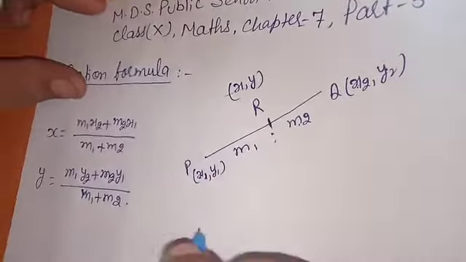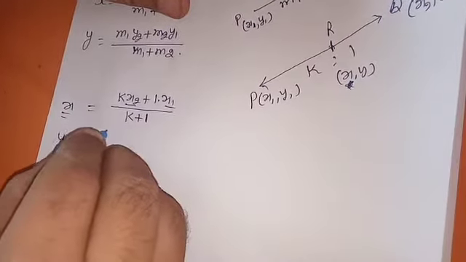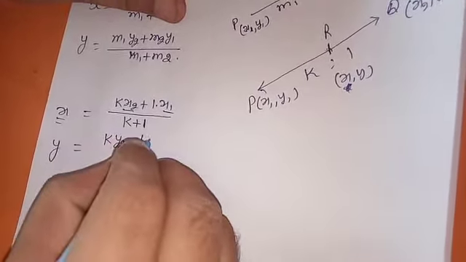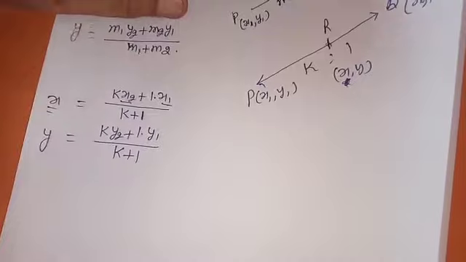Let x and y be the coordinates. x is equal to (k x2 + 1 into x1) divided by (k + 1). The x value, x2 and x1 are given, so find the k value with the help of this, and similarly y is equal to (k y2 + 1 into y1) over (k + 1). Easily you can find it.